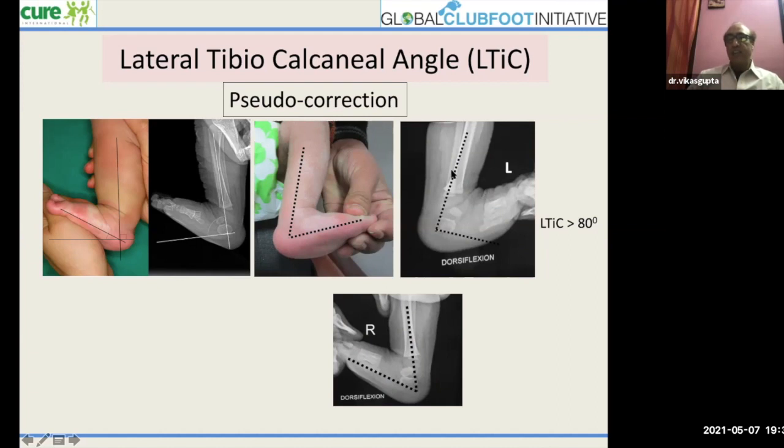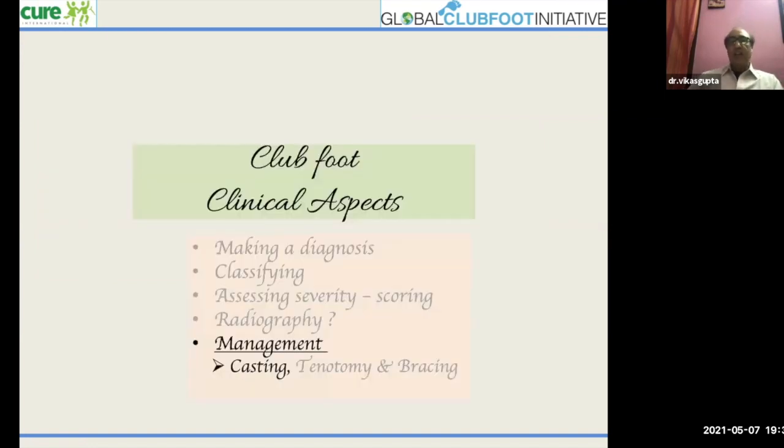However, the X-ray showed that this angle was more than 80 degrees. If in doubt, get the X-ray of the other side, which showed that the angle was less than 80 degrees. So this lateral tibiocalcaneal angle has been used, and I have been using this in some of my selected cases.